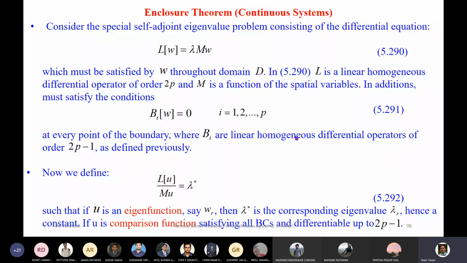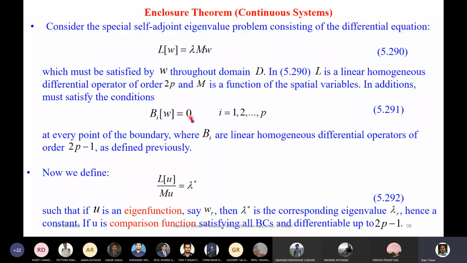So we define the eigenvalue problem like this earlier, in which we took the M operator like this. Associated boundary conditions we had like this, in which let us take the case where the boundary condition does not contain the eigenvalue.